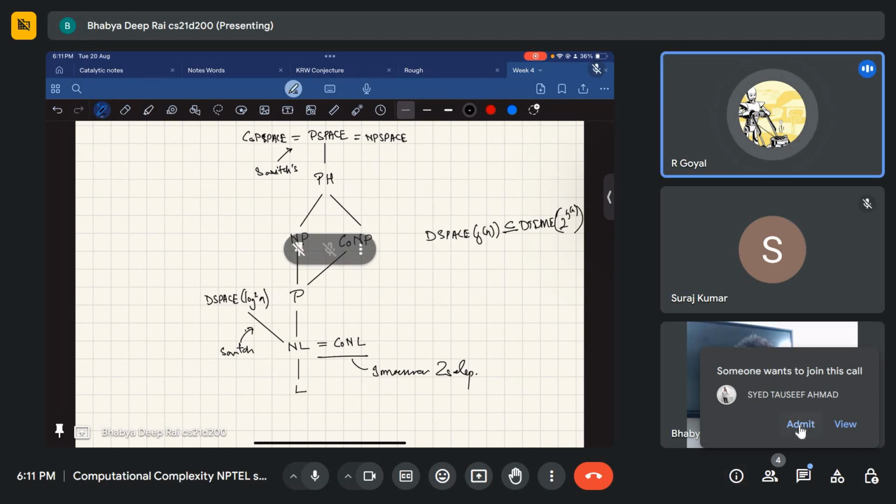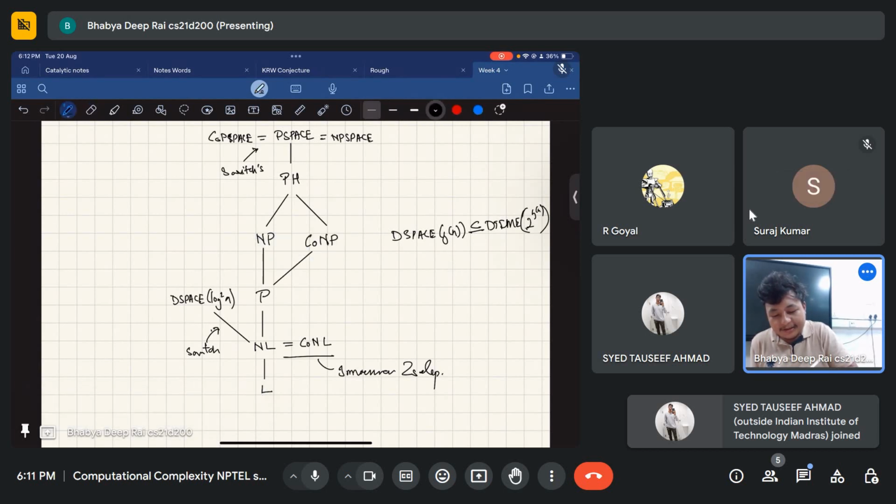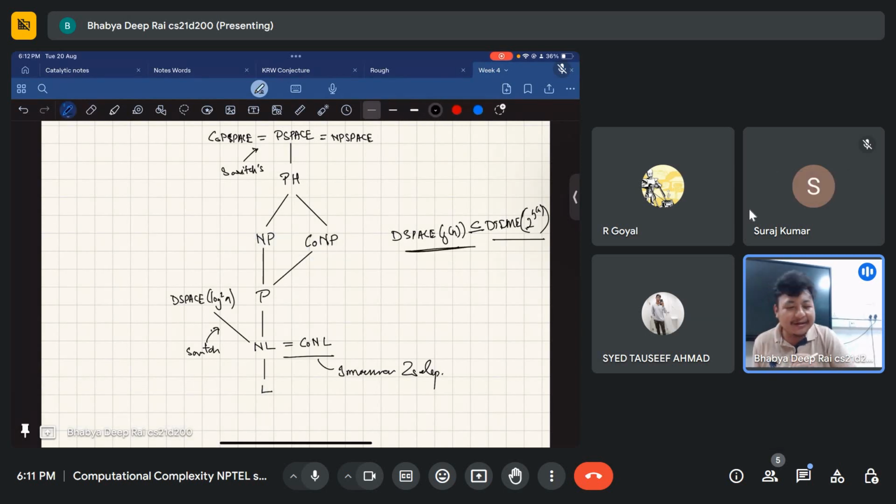If I take any function f(n), D space of f(n) will be contained in D time of 2 to the f(n).